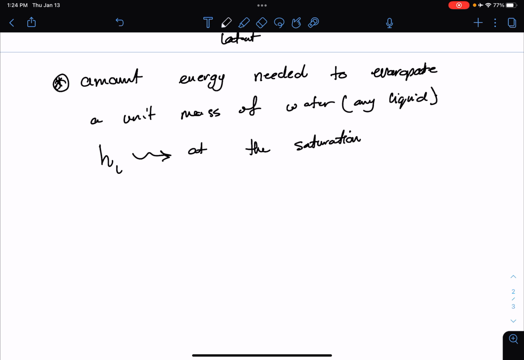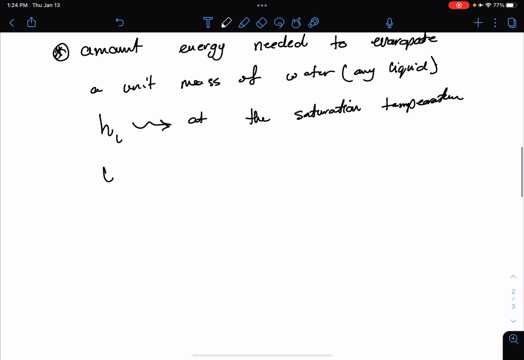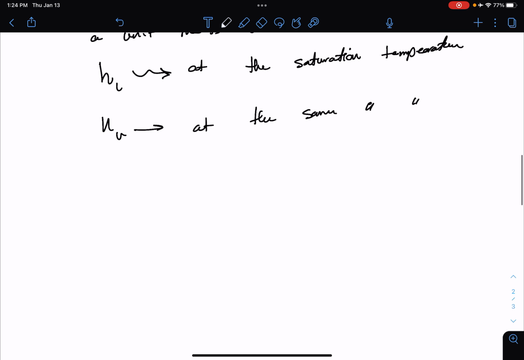If you are not, you're always welcome to ask questions. Then the enthalpy of gas or vapor at that same temperature, at the saturation temperature. Then you subtract them. That's it.